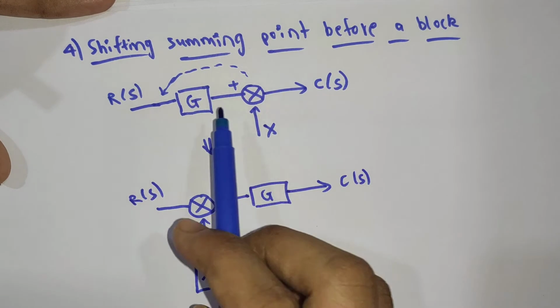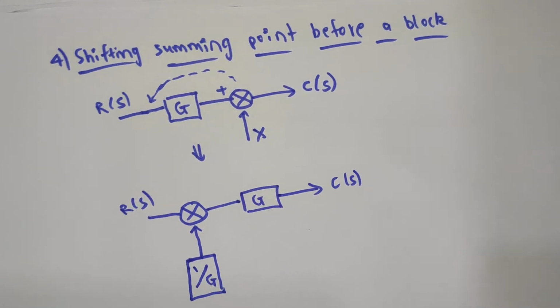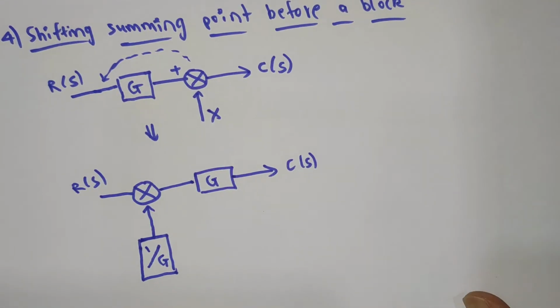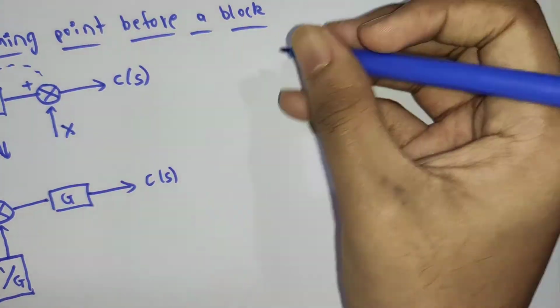So we have shifted this summing point, and for shifting it you have to multiply the feedback loop by 1 by G. Now how to shift a summing point after a block? Let me write it in the next sheet.